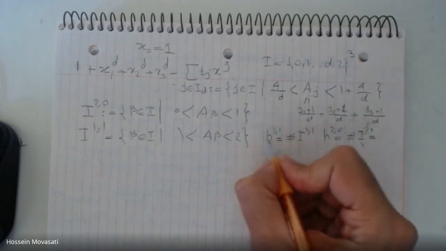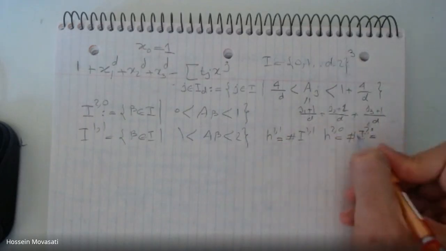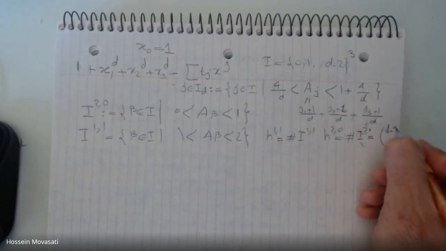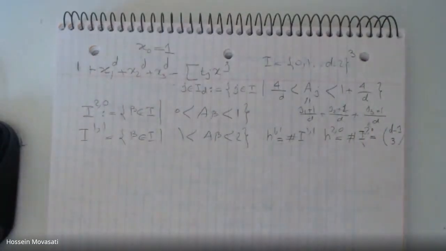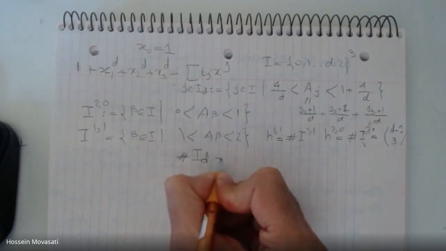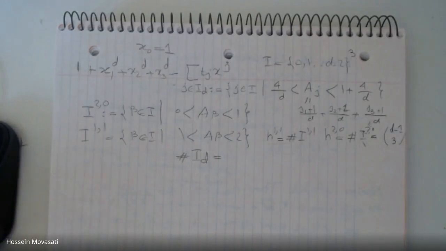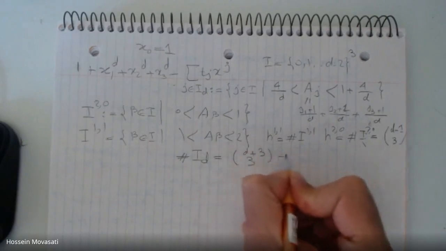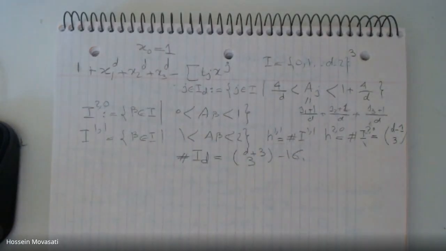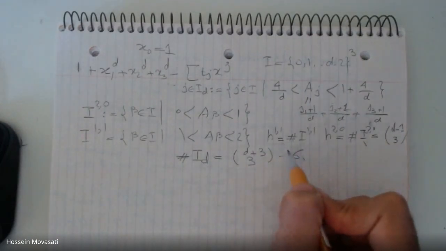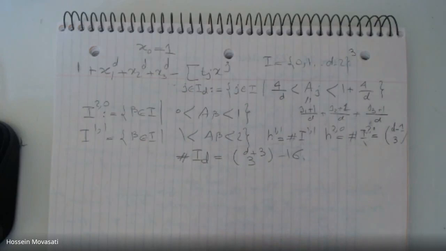In this case we can write down a closed formula for both, but I will write just for H20. This is the binomial of d minus 1 over 3. And also let's remember that the cardinality of ID is also easy to compute. It is binomial of d plus 3 over 3, minus 16. So this is the dimension of the moduli of surfaces, or the parameter space of surfaces quotiented by the automorphisms of P3.